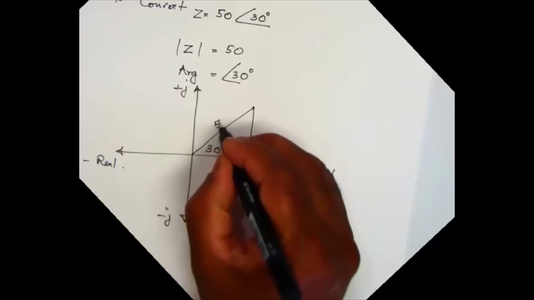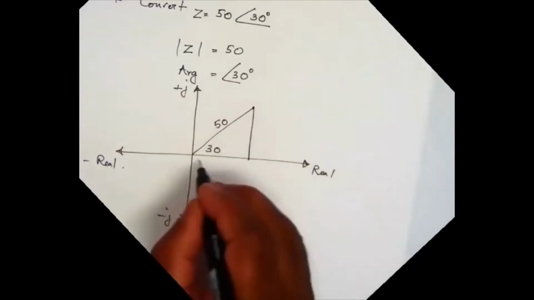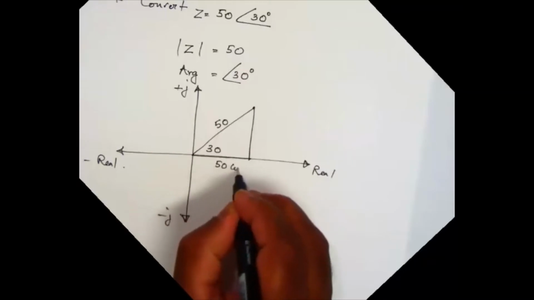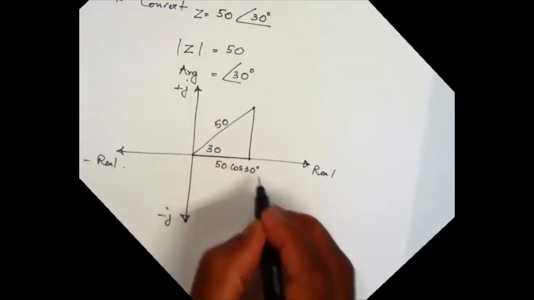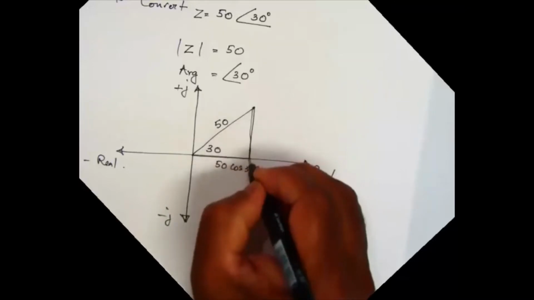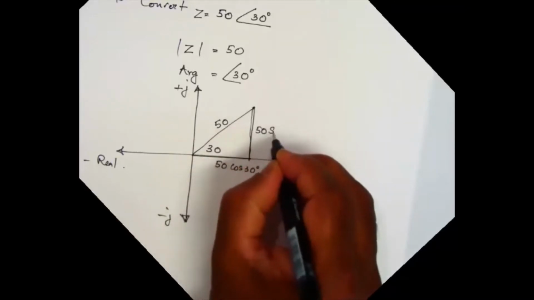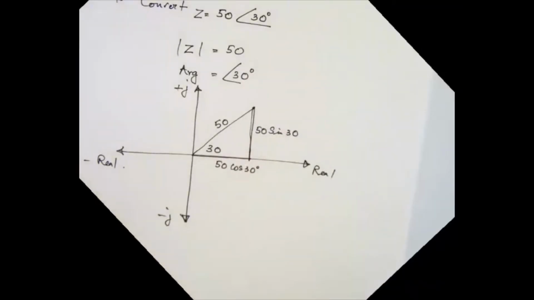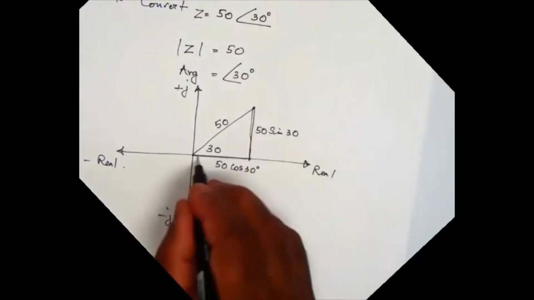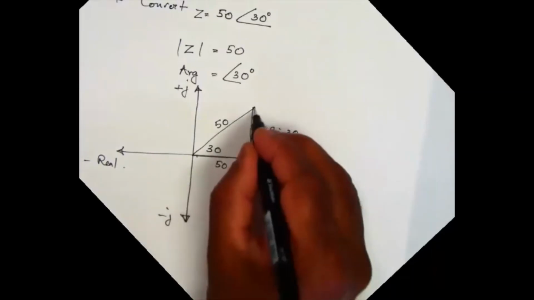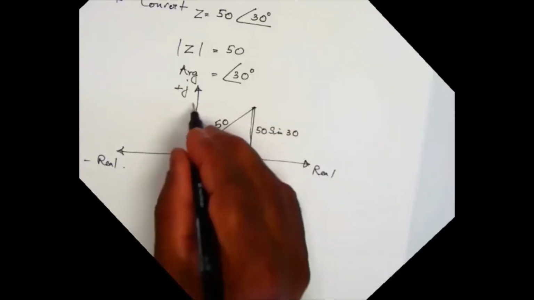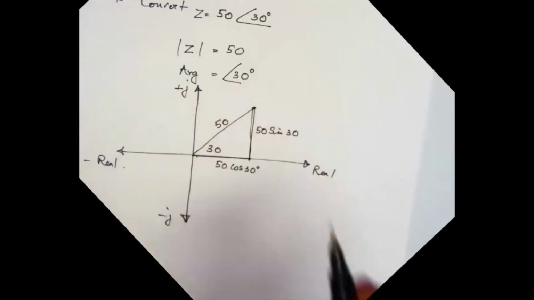The modulus here is 50, so this will be 50 cos 30, and this will be 50 sin 30. So it's just a matter of finding this and that. That is our x coordinate and that's the y coordinate, or the imaginary axis coordinate. So that will be our answer.